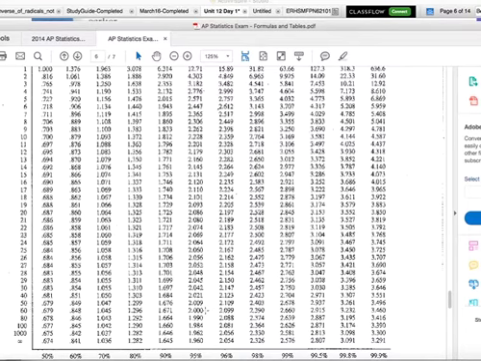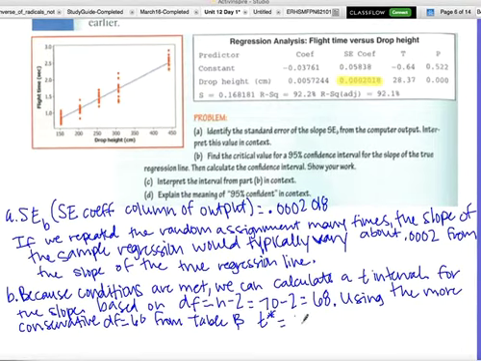And that would be at 2. So that means that your T star is going to be 2.000 because you're using the 95%.